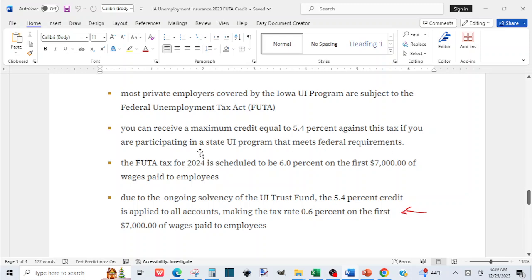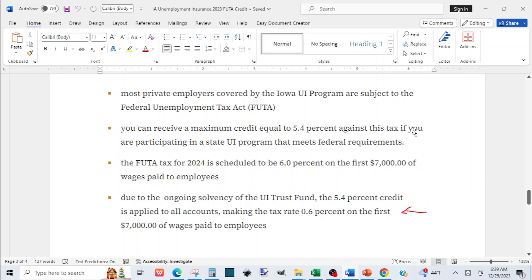The FUTA tax for 2024 is scheduled to be 6.6% on the first 7,000 of wages paid to an employee. Due to the ongoing solvency of the UI Trust Fund, the 5.4% credit is applied to all accounts, making the tax rate 0.6% on the first 7,000 of wages paid to employees.